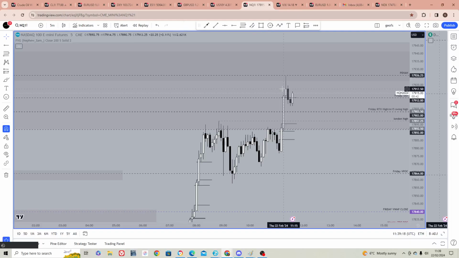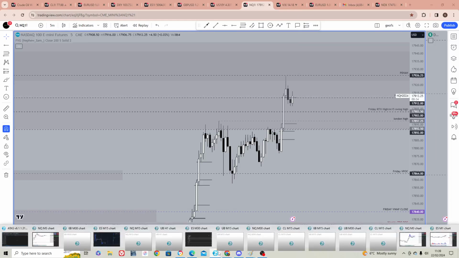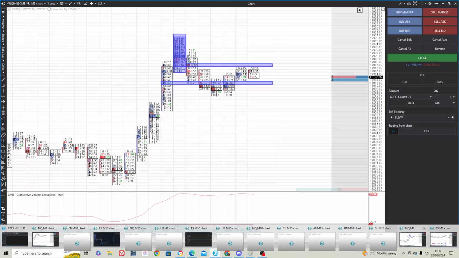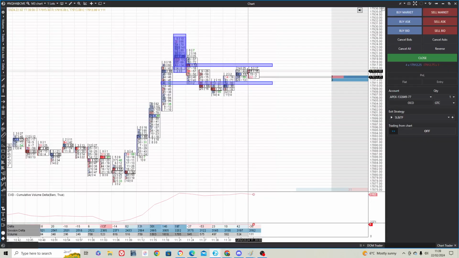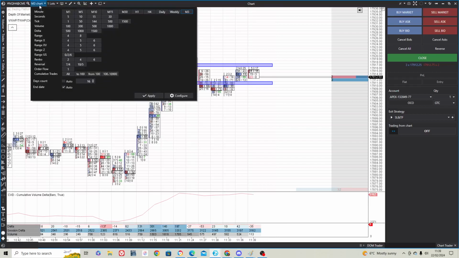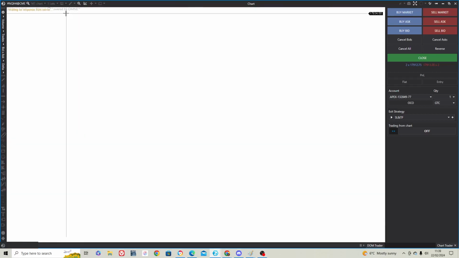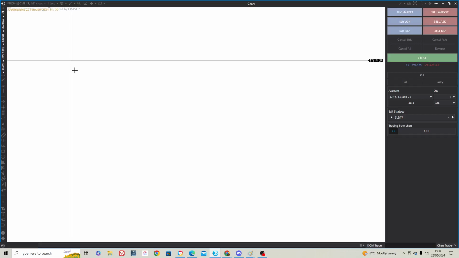This is why we use volume and order flow, to be very precise about where we're trading. So let's keep an eye. Yeah, we did get rejection there. Let's check on M1.